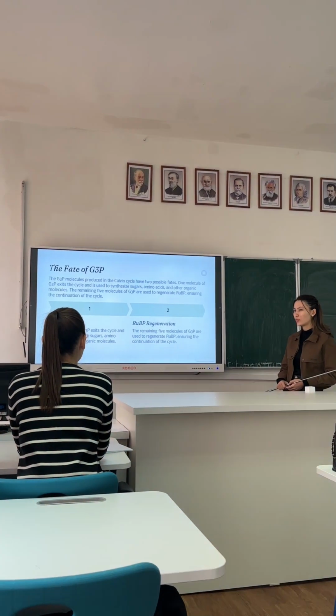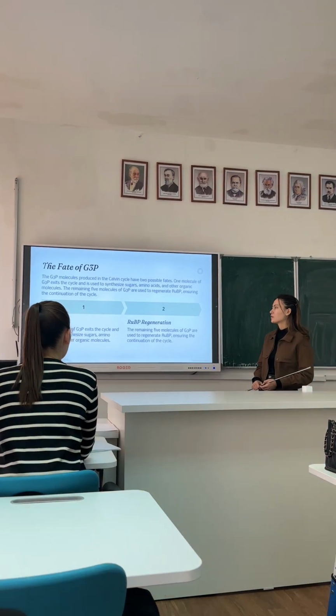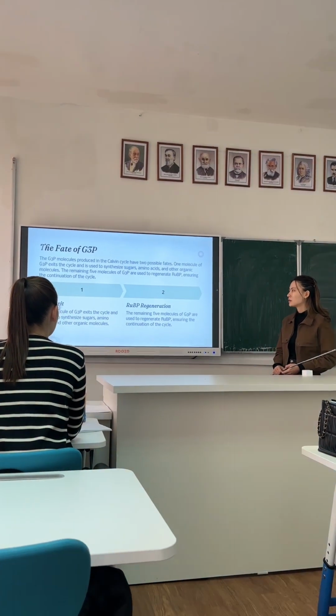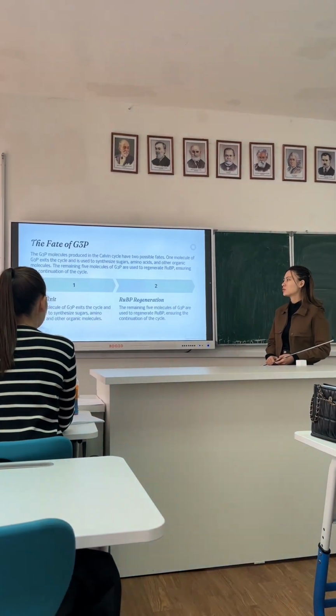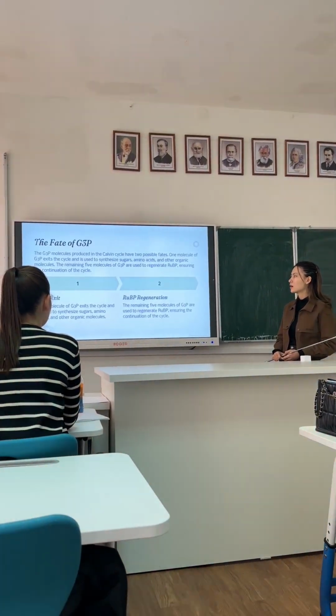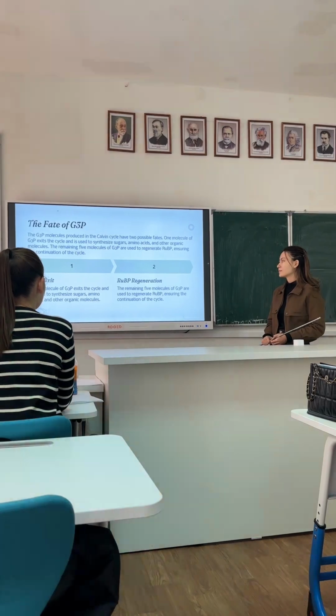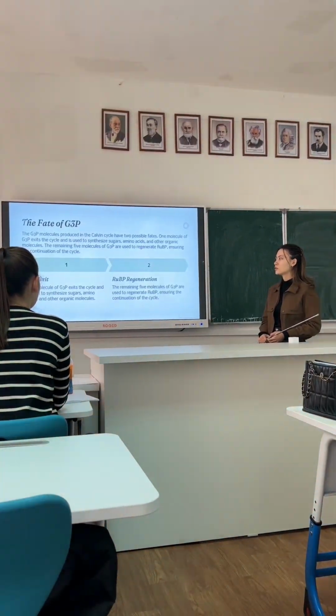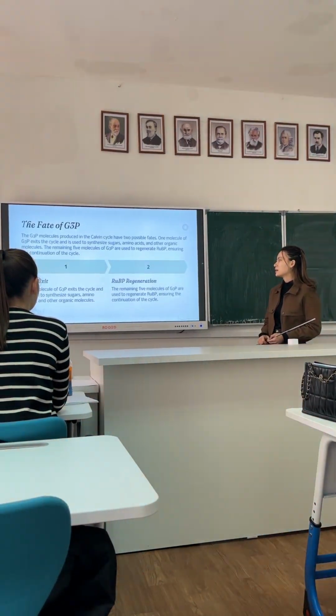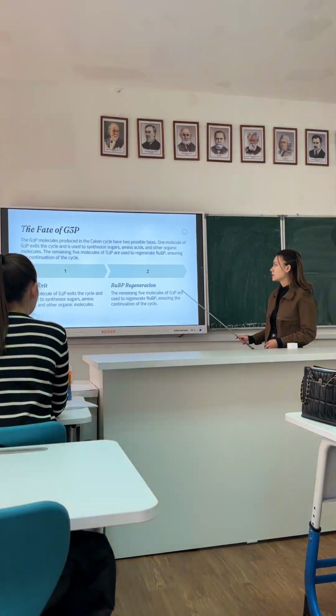First is G3P exit: one molecule of G3P exits the cycle and is used to synthesize sugar, amino acids, and other organic molecules, and the rest also regenerate RuBP as it faces it.